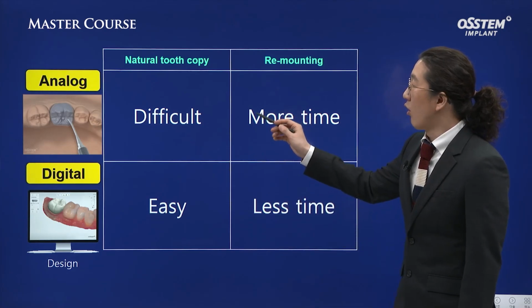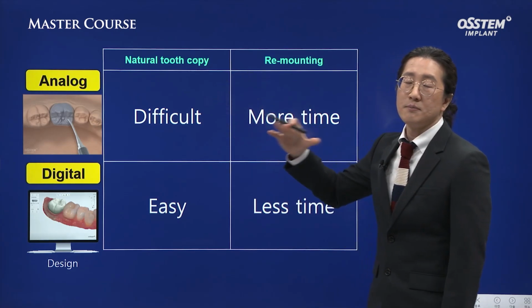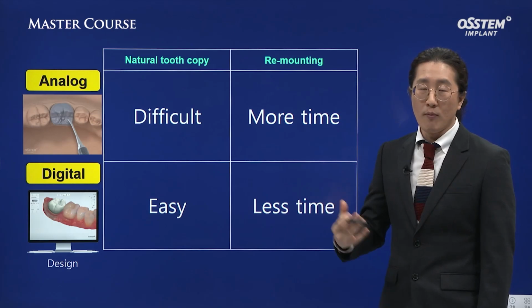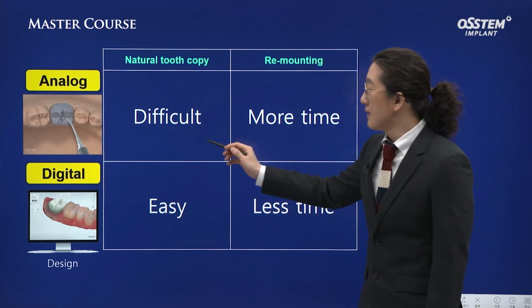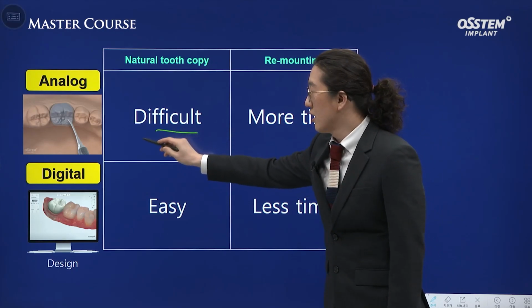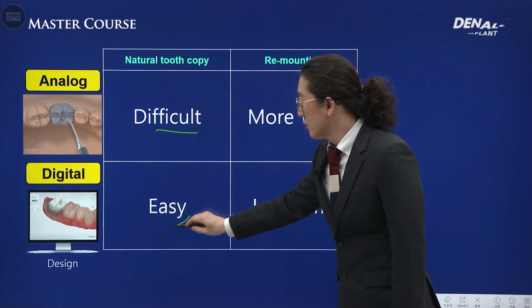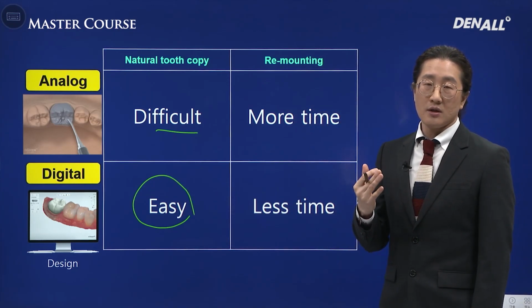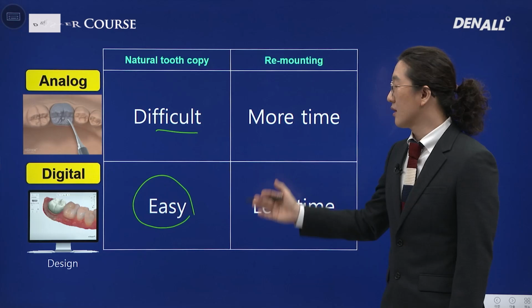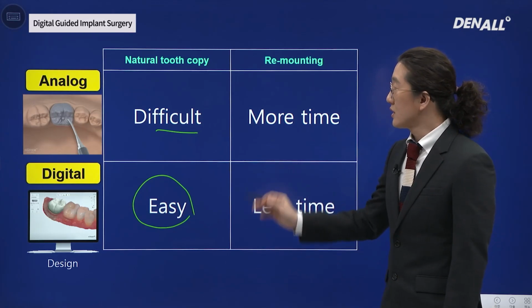If you look at the wax up process, this is about how closely you can copy the natural tooth before it becomes prep. In the case of wax up, it can be quite difficult, but when you use intraoral scan and design on the computer program, you can scan the tooth before prep and utilize it in the design.